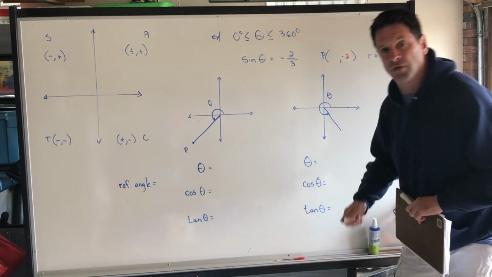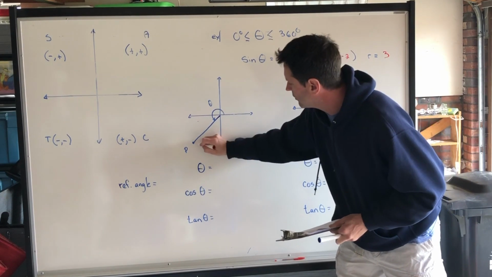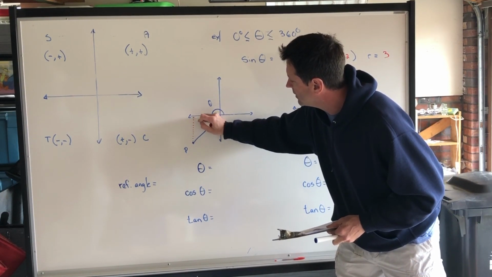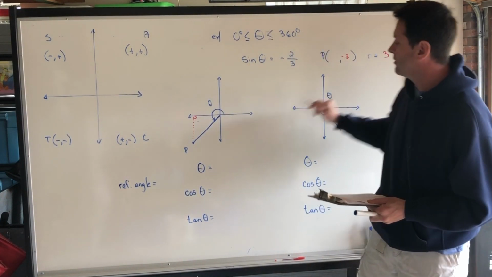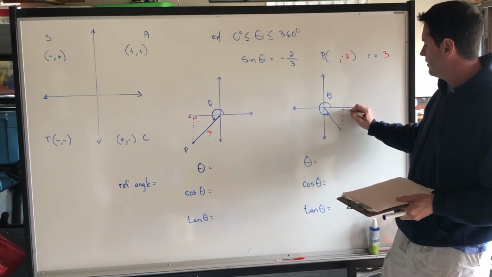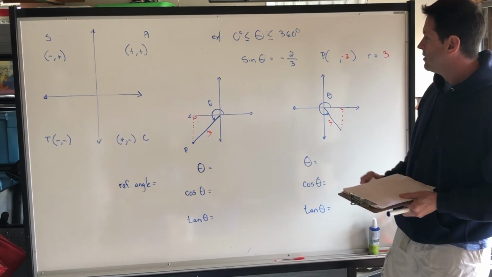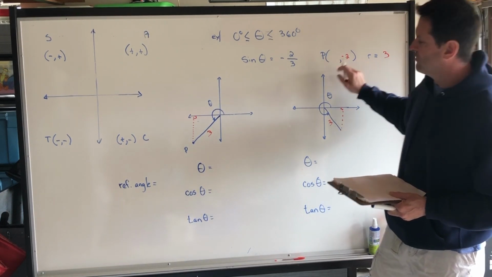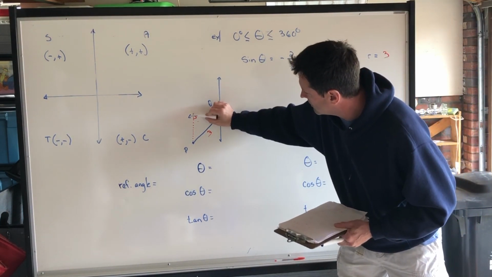We'll make a little reference triangle here. We always want to make it visual. So I'll draw a line from point P to the x-axis. We know that the length of R is 3, so that's a total of 3 units long. Likewise here. We know that the y-coordinate of point P is -2, so we had to go over a certain amount and down 2.